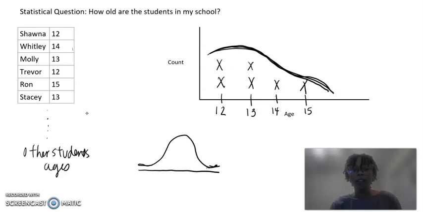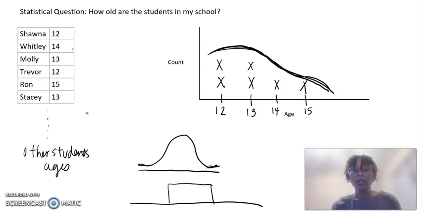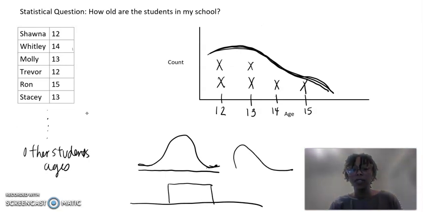You can also have something like this kind of shape, or you could have other shapes, and you'll learn about these shapes later, but just know that you're going to plot your data and look at what shape it takes, and that's going to help you answer your statistical question.